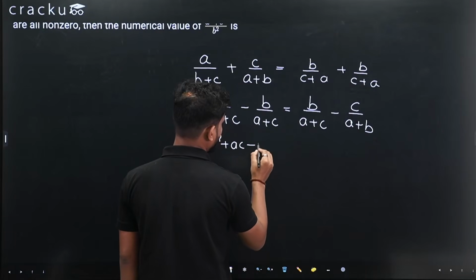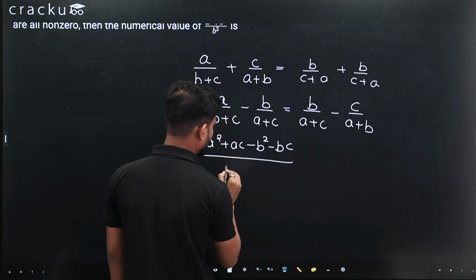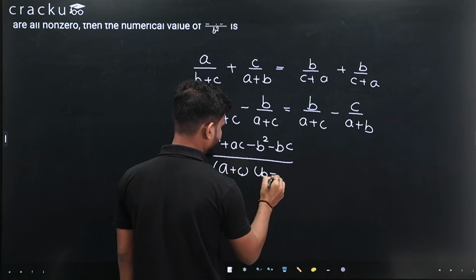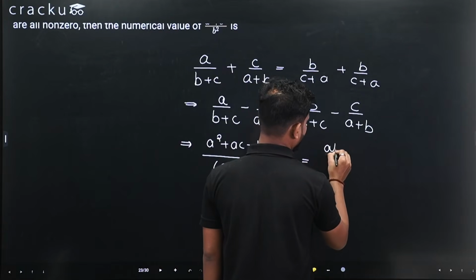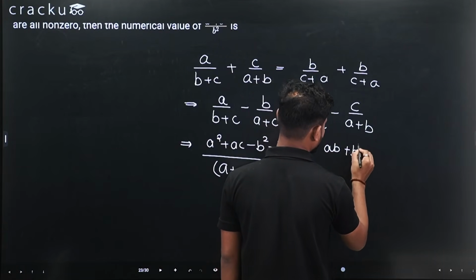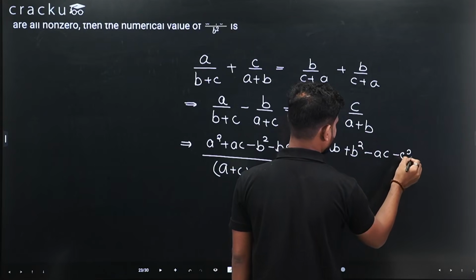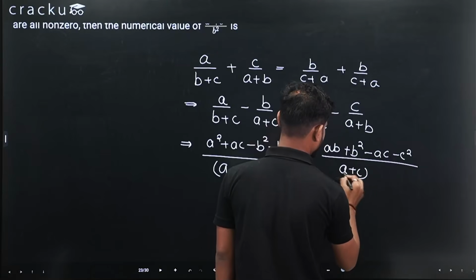This will be minus B square minus BC upon A plus C into B plus C. Correct? Here what I will get? I will get AB plus B square minus AC minus C square upon A plus C into A plus B.